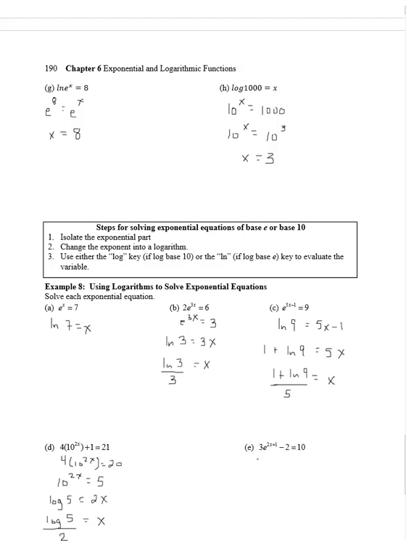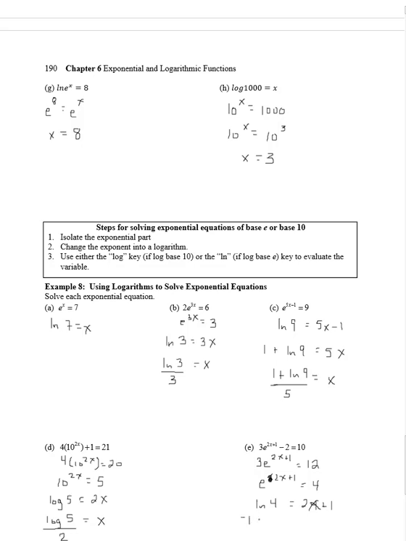On E, we have 3e to the 2x plus 1 equals, adding 2 to both sides, we have 12. Divide by 3 now, so e to the 2x plus 1 equals 4, which means that the natural log of 4 equals 2x plus 1.